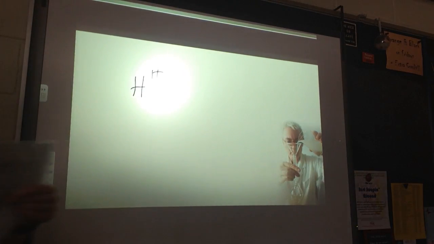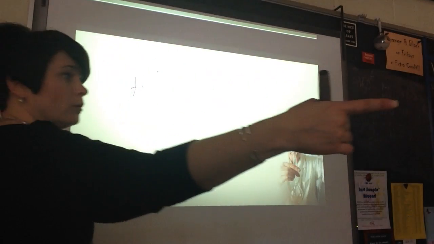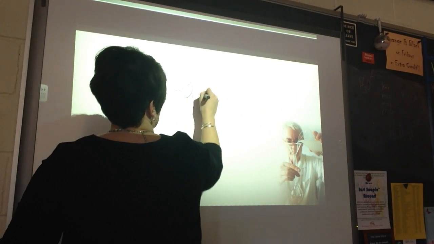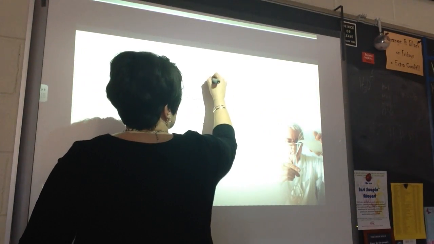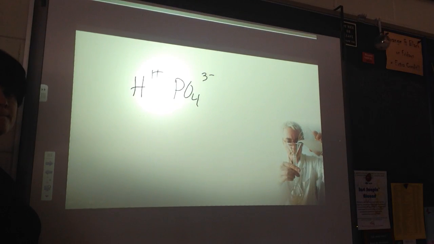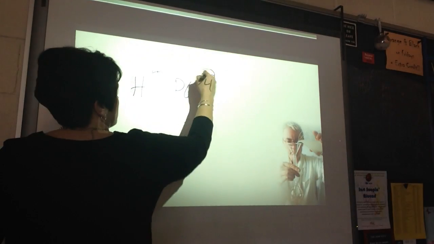All acids contain hydrogen as the cation. There is no hydro in the name, which means that the hydrogen is going together with who? Charge on a phosphate? Yes? Crisscross.